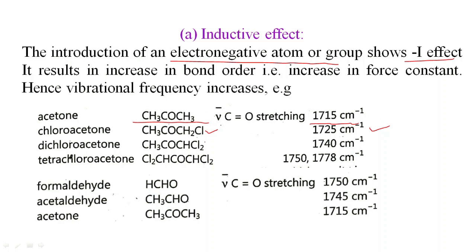In the case of dichloroacetone, one more electronegative atom is introduced, and the stretching frequency further increases. Similarly, as we go further, you can observe that the introduction of an electronegative atom or group showing minus I effect eventually increases the force constant of the bond.